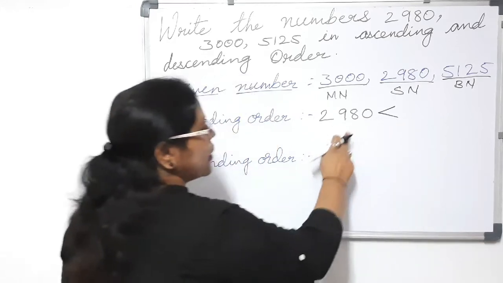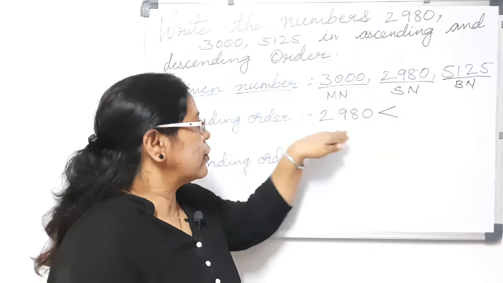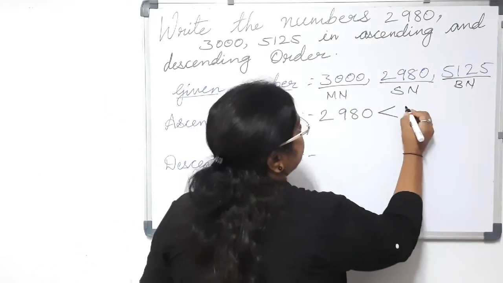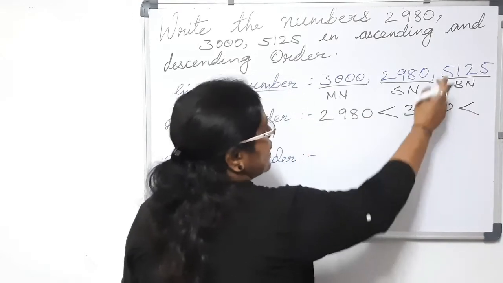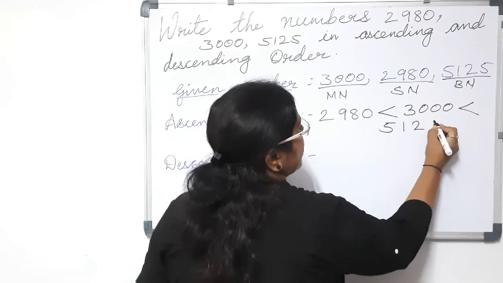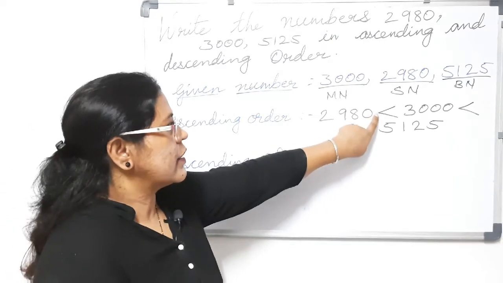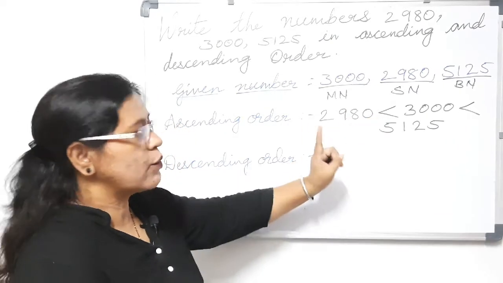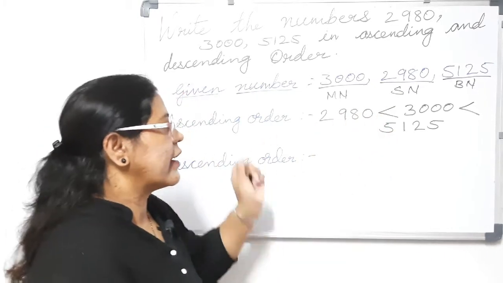Greater or smaller? Ascending order means from smaller to greater. 2980 is smaller than 3000. So 3000 is smaller than 5125. Understood? So this single point should be facing towards the number which is a smaller number. So this is a smaller sign.